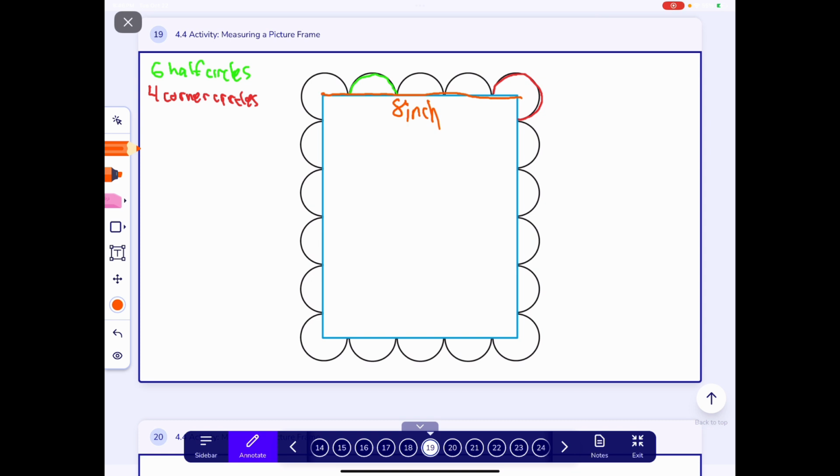If you think about it just a little bit, you'll see the diameter of each circle is 2 inches. I'll use orange for that, or else I'm going to run out of colors. The diameter of each one is 2 inches. So that's 2 inches, 2 inches, 2 inches. And here is half the diameter, so that's 1 inch and 1 inch. The radius is 1 inch, but the diameter is 2 inches.